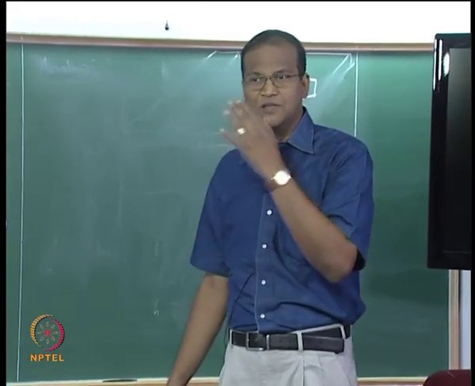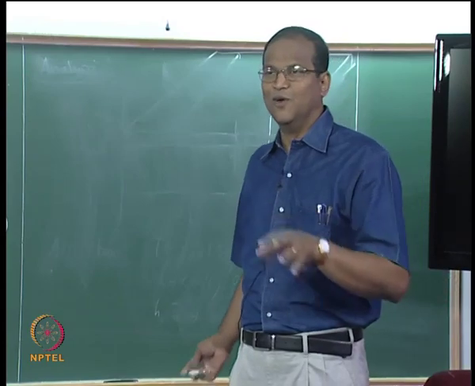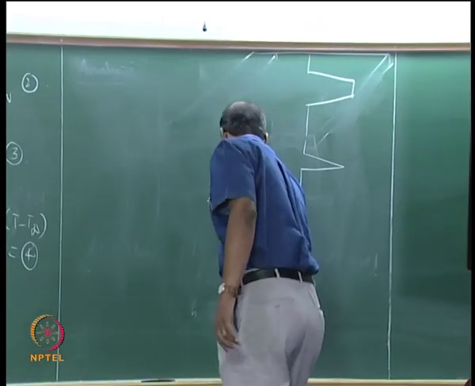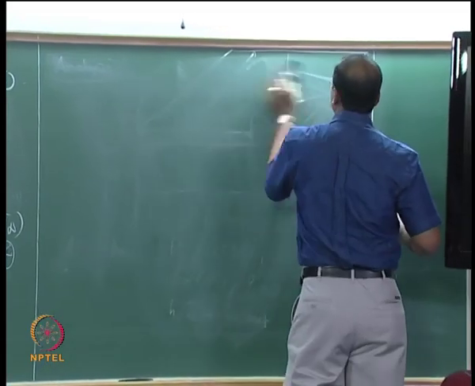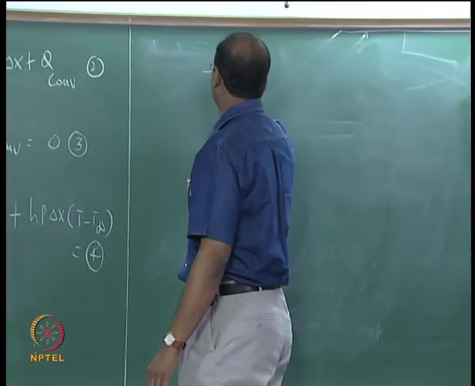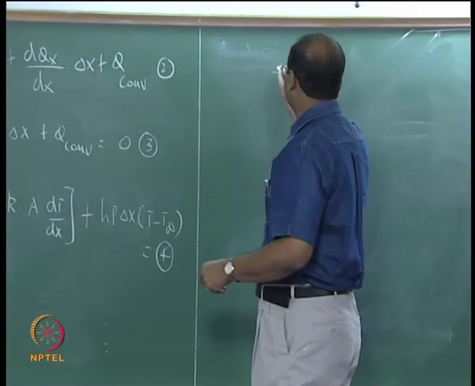I used to teach all this before, but now it is not required. You can do it on the computer itself, right. Let us not worry about the variable area, we are looking only at constant area. So let us say we can adjust the minus.